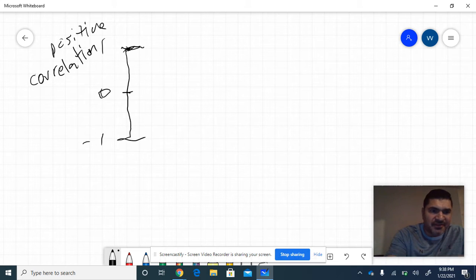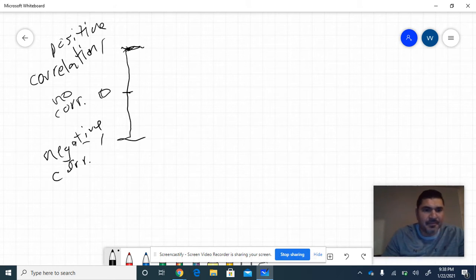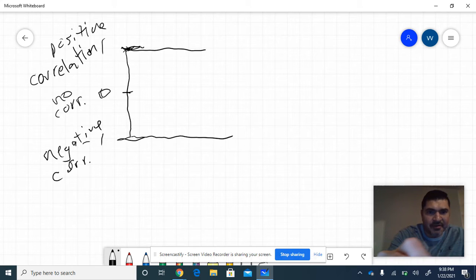Okay? If it's 0, that means there's no correlation. I'm just going to write "cor" for short, okay? But that is correlation. If it's -1, it's going to be a negative correlation. And so if it's anywhere close to here or here, this here is accurate.